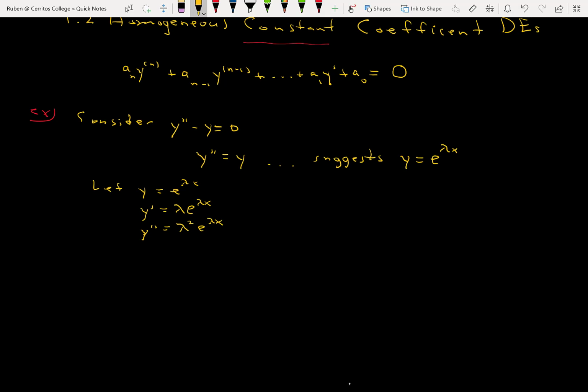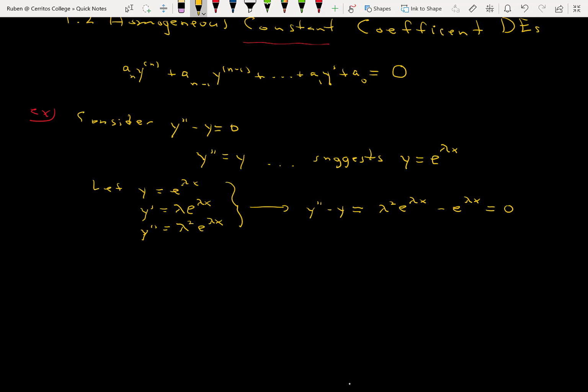If we substitute into the differential equation, what we get is that y double prime minus y, the left-hand side of the differential equation, equals lambda squared e to the lambda x minus e to the lambda x. And that needs to equal the right-hand side, which for this section, again, where we talk only about the homogeneous case, is going to equal 0.